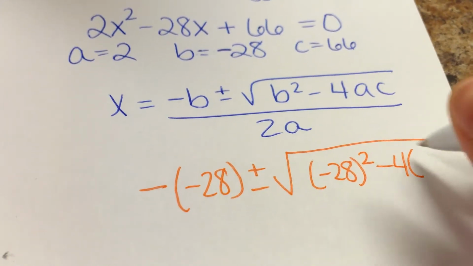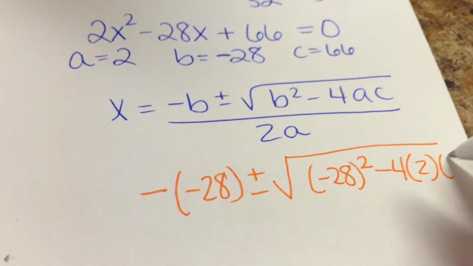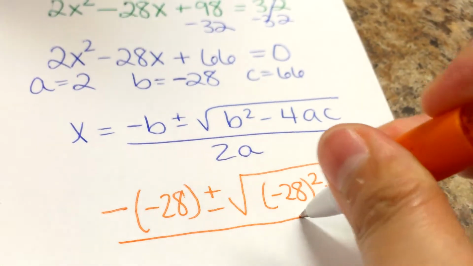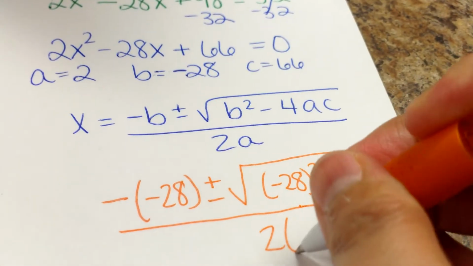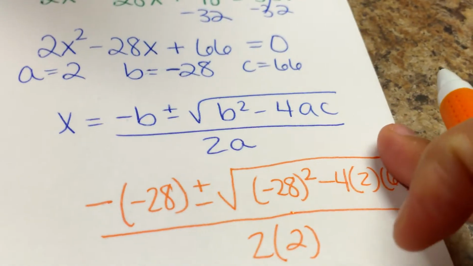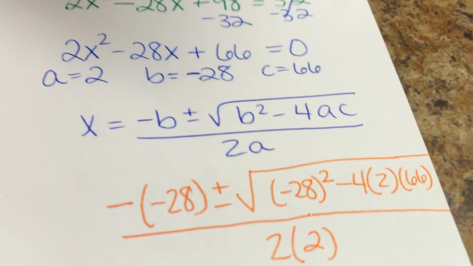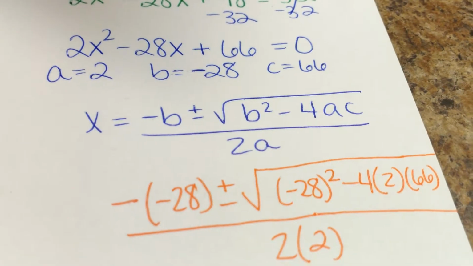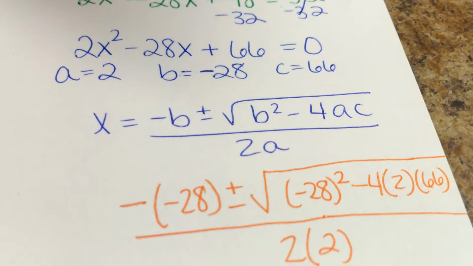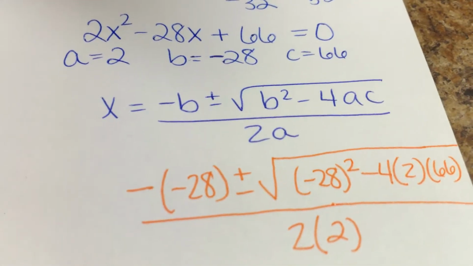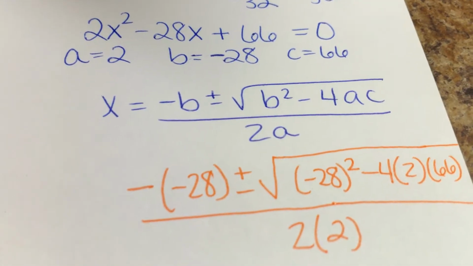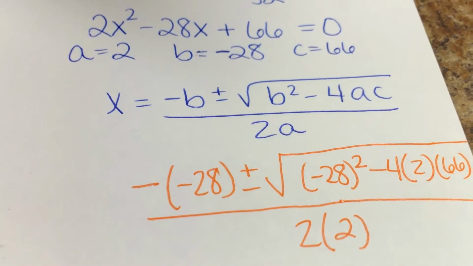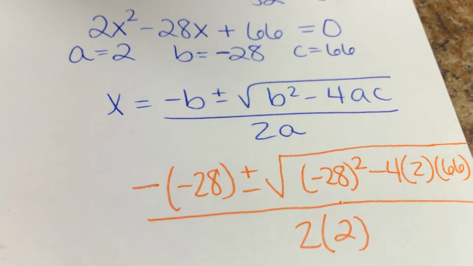Minus 4, a is 2, c is 66, all over 2a. If you notice, I'm putting everything in parentheses. You need to put it in parentheses so that way you don't mess up on your signs. It's very important that you put parentheses because the calculator will just do whatever you tell it to do. But if you put it in parentheses, it will give you the correct signs.